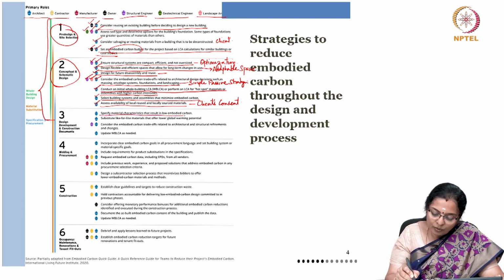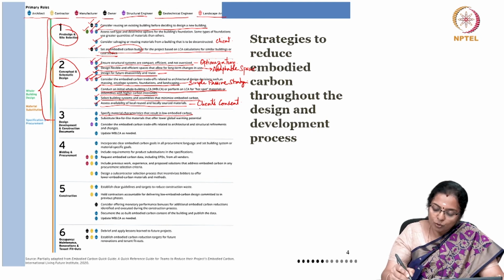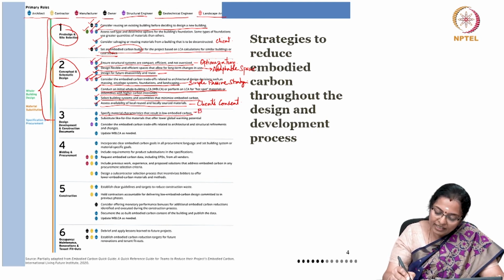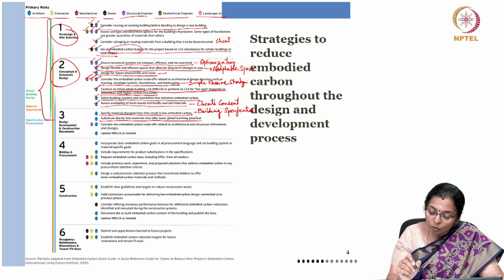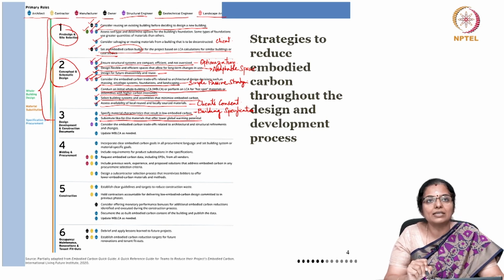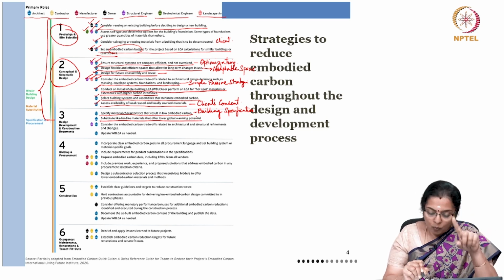Building specification has to be done by the architect, but again here we need to take the owner into confidence. Substitute like for like materials that offer lower global warming potential. We just discussed one-to-one substitution. So, this also has to be done by the architect.